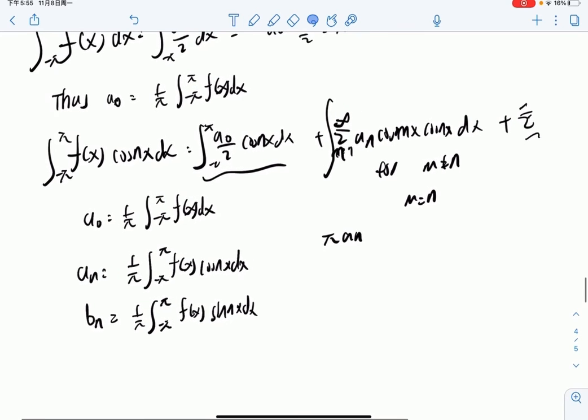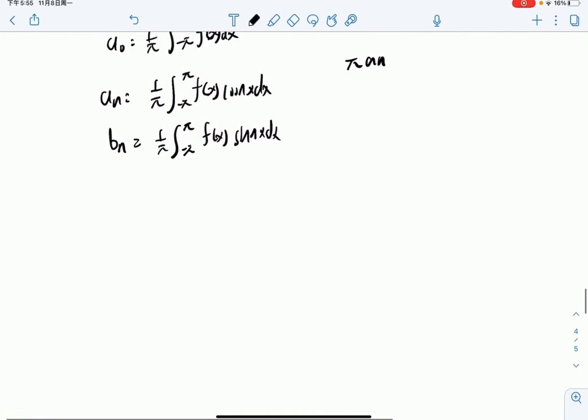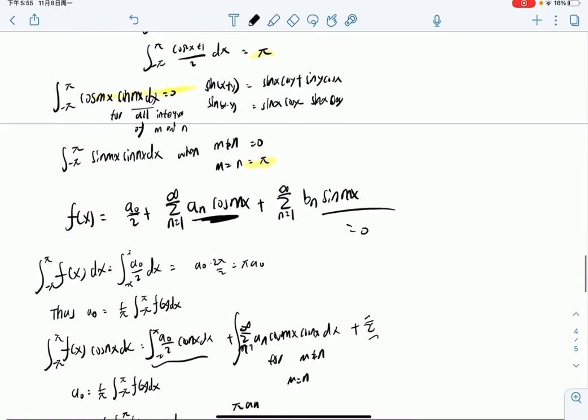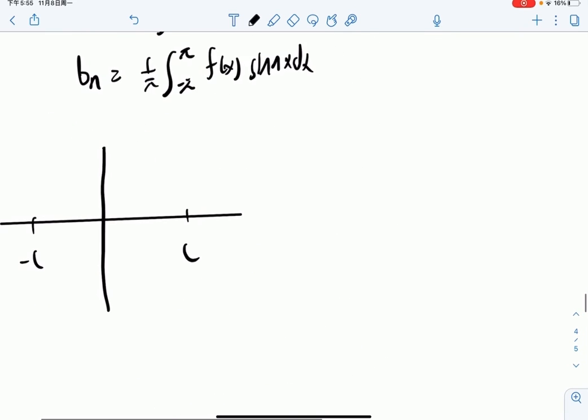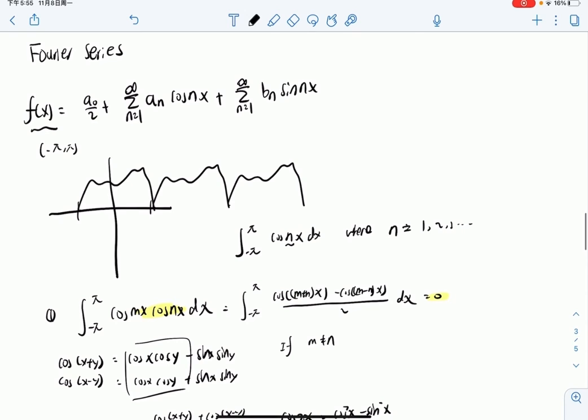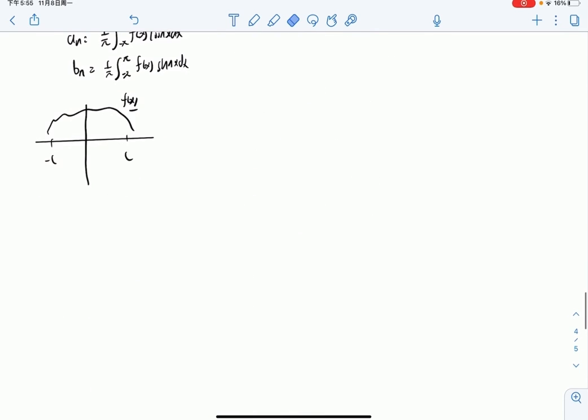Okay, moving on. If we have the period from negative L to L, we want to see how we can expand the function into the form of the Fourier series above. Over here, how can we vary it and make it similar?